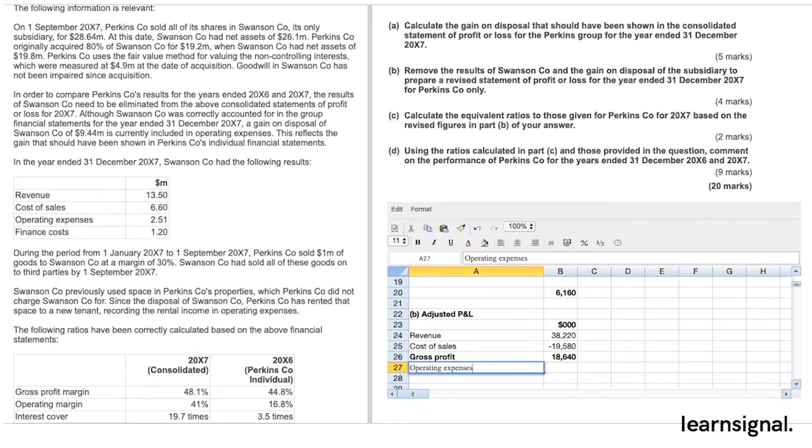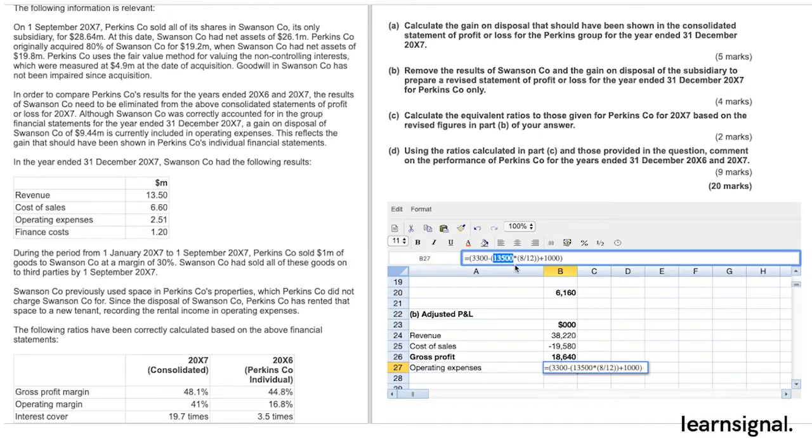Your operating expenses calculation is a similar calculation to the revenue. So what I'm going to do here is go up here and Control C and Control V into operating expenses and just change the numbers. You're given 3.3 million in the profit and loss accounts at the very beginning.